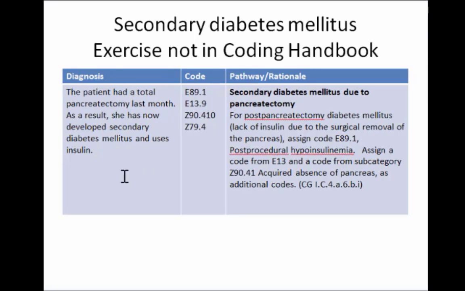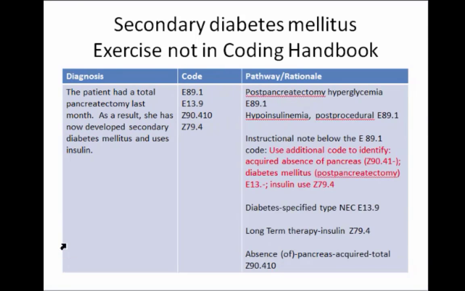So whenever you see documentation that talks about a total or a partial pancreatectomy, it's a different code, you're going to be reminded of this coding guideline. This gives us our pathways for how we would work through that problem.